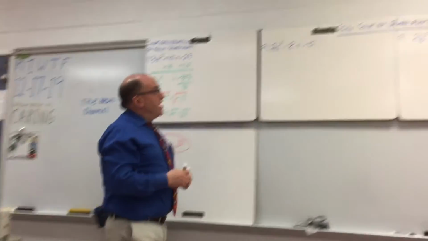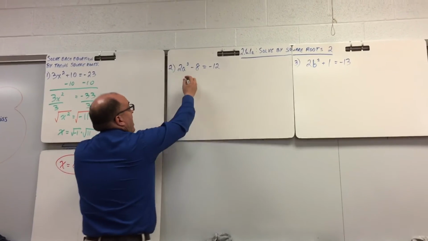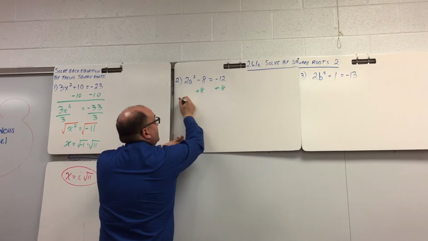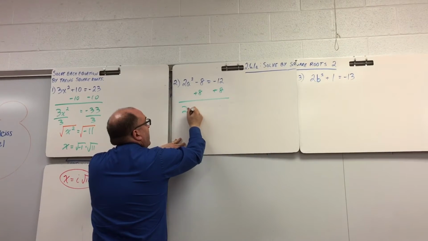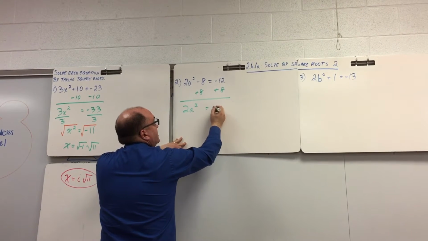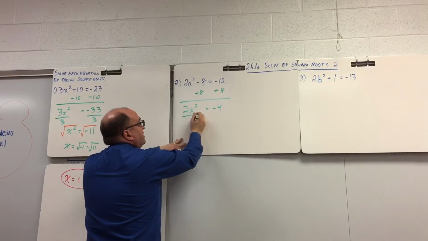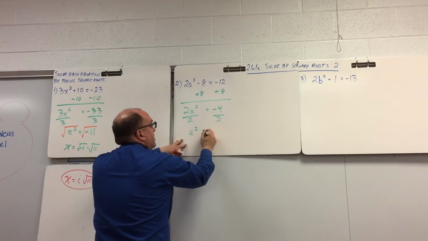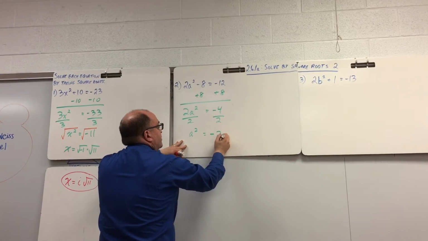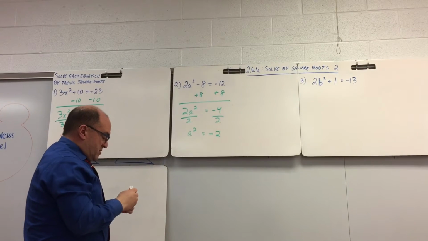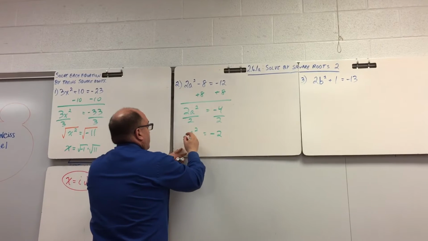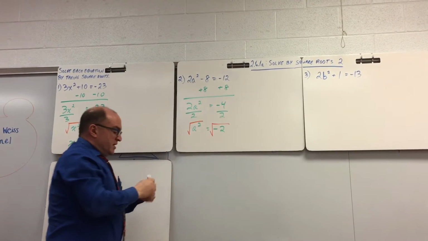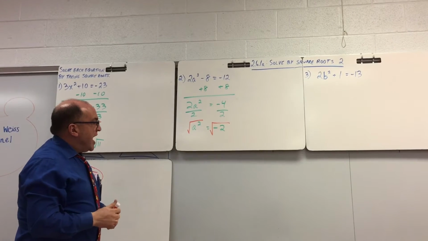Let's do the same thing here. Here we're going to add 8 to both sides. You get 2a squared equals negative 4. Divide by 2. a squared equals negative 2. We take the square root. Of course, square root of a negative is going to give you i.